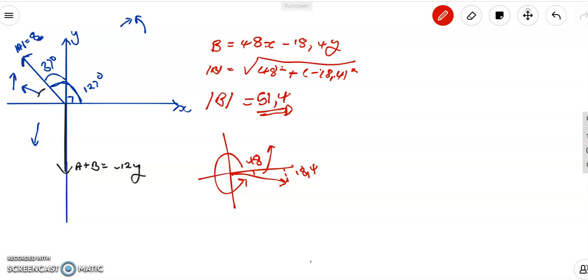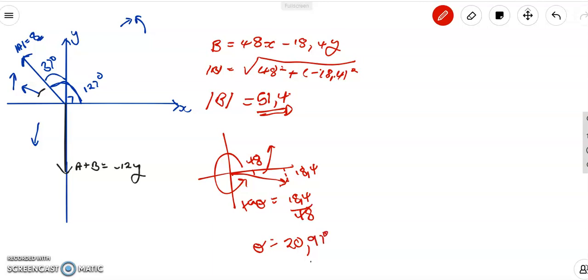So theta, this is our opposite, this is our adjacent. So tan theta is equal to the opposite, which is 18.4, over the adjacent, which is 4.8. Thus theta is equal to the inverse tan of 18.4 over 4.8, which is 75.4 degrees.